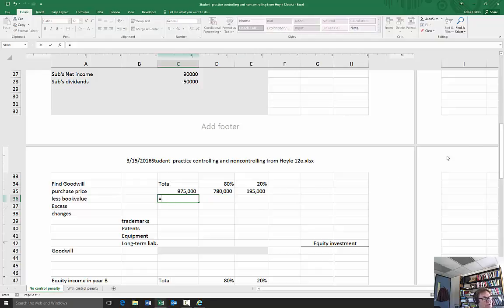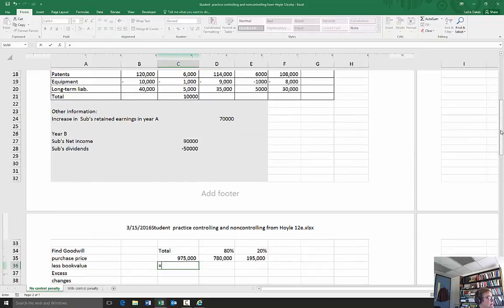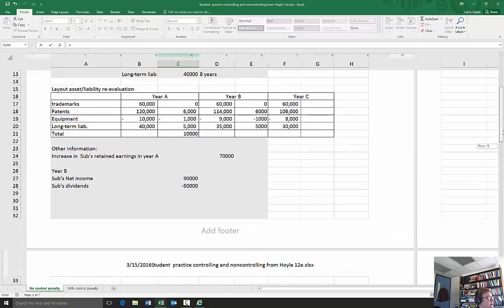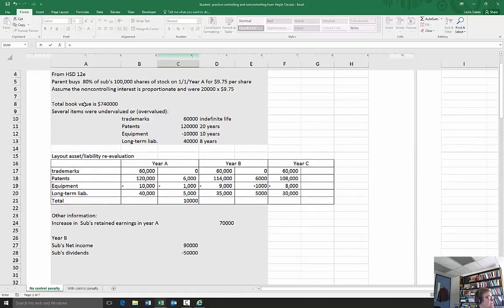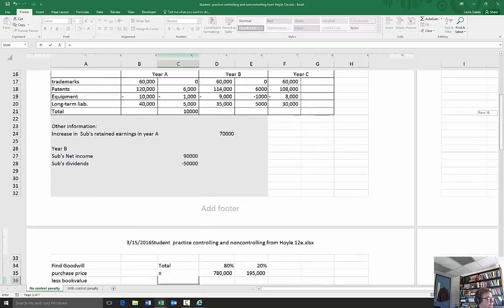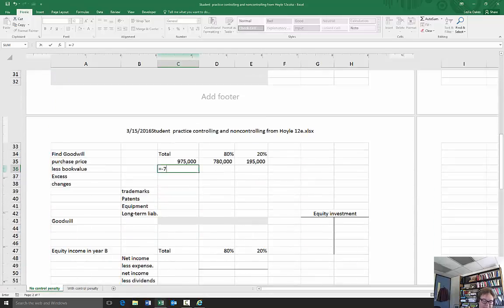The total amount of book value, 740,000. So that leaves us with 235,000 in excess. That excess can be explained by the fact that we have trademarks that weren't recorded.